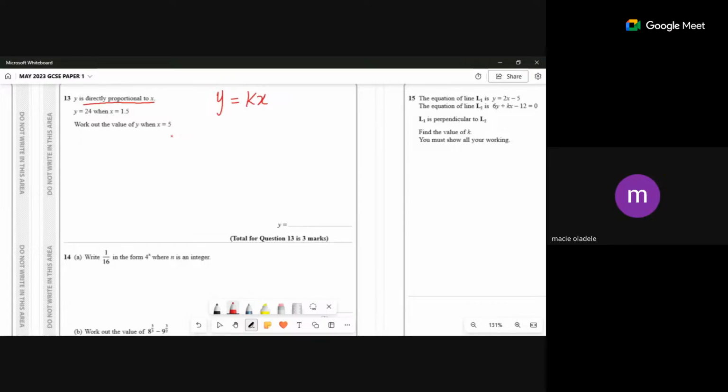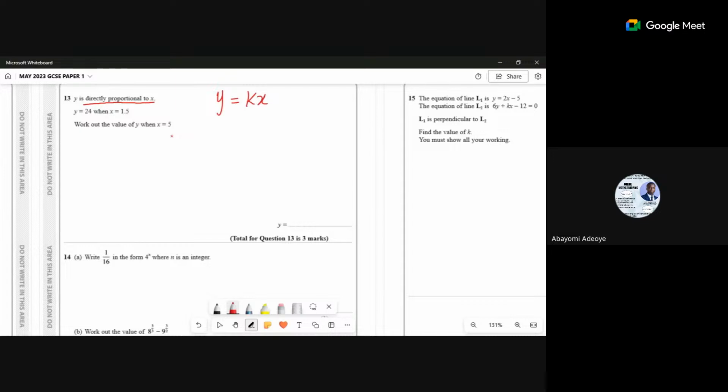So is K equal to 36? K is 16. Can you do that again? K is 16. 24 equals K times 1.5. 1.5 is the same thing as 3/2. Yeah, I've got that now.